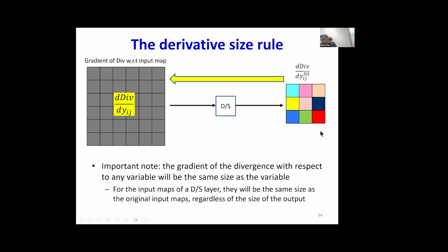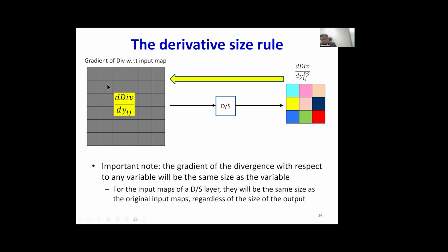But then when I propagate the derivative of the divergence back through the downsampling layer, what will the size of the derivative be compared to the size of the input to the downsampling? Anyone? It's going to be the same size as the input, right? If some variable x influences the divergence, the derivative of the divergence with respect to x is going to be the same size as x.